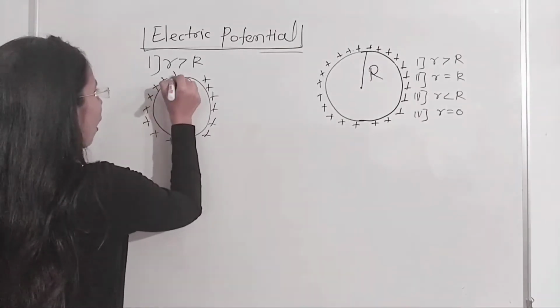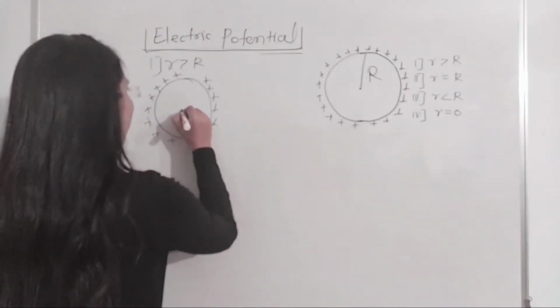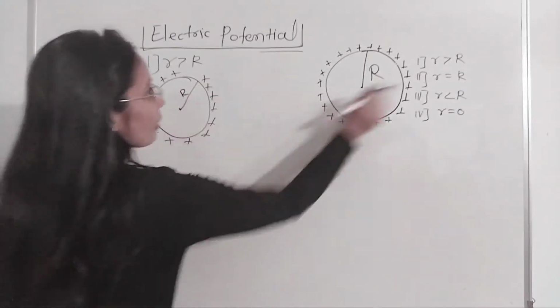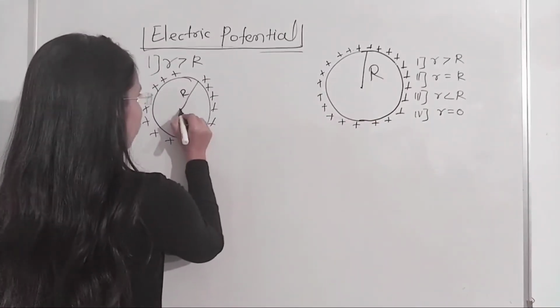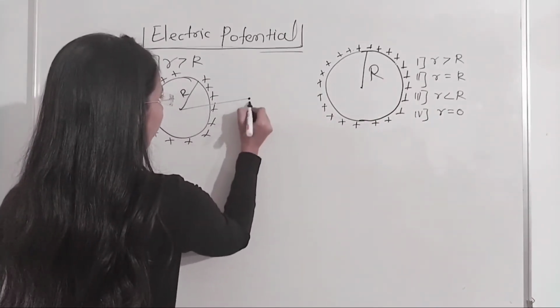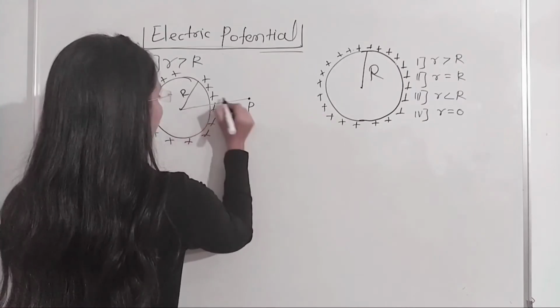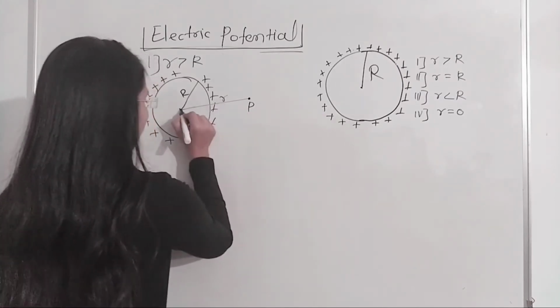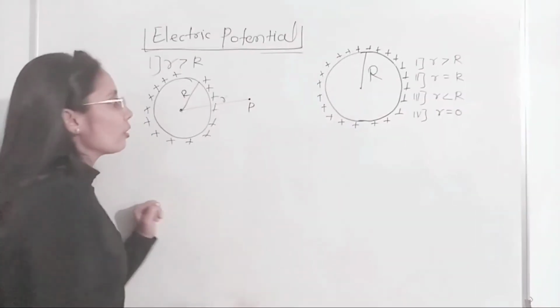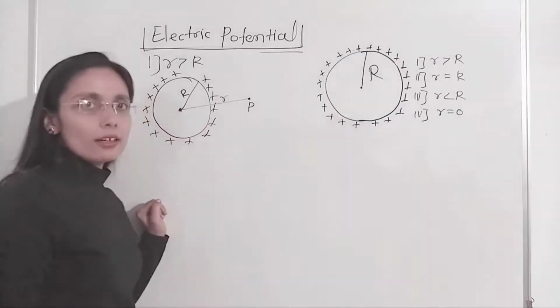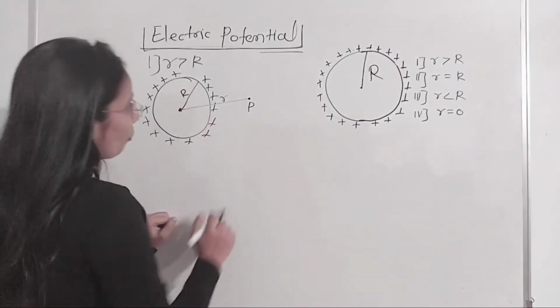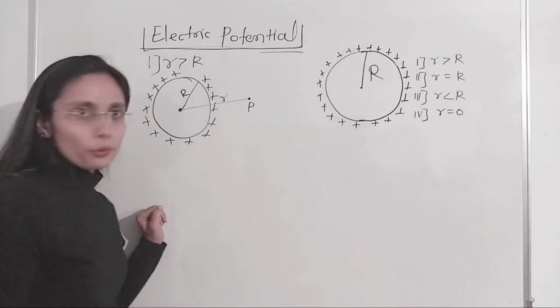We have to find the electric potential at a point where r is greater than R. Suppose this is the point P, and the distance from the center is small r, which is greater than the radius, capital R.